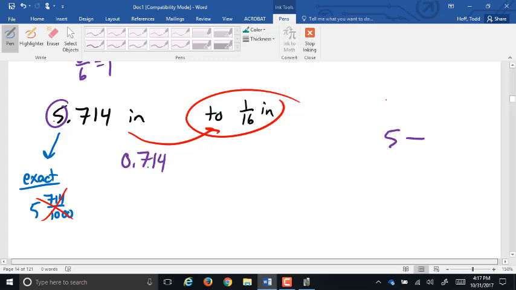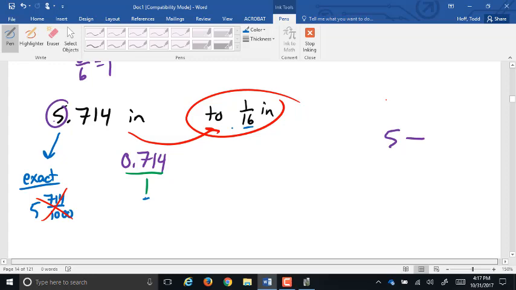To turn that decimal into a fraction, I'm going to do the easiest conversion to a fraction I know, which is to just put things over 1. Notice the decimal point's still there. I have not moved it at all. Right now, the denominator of this fraction is 1. What do I want it to be? 16, right?